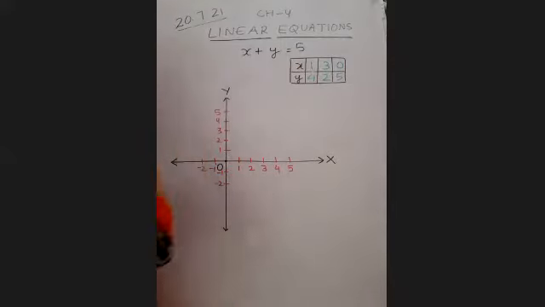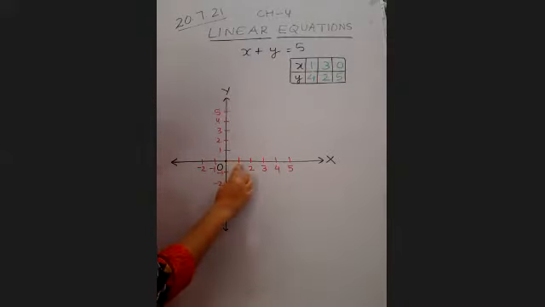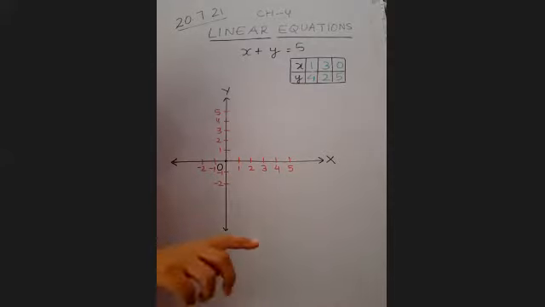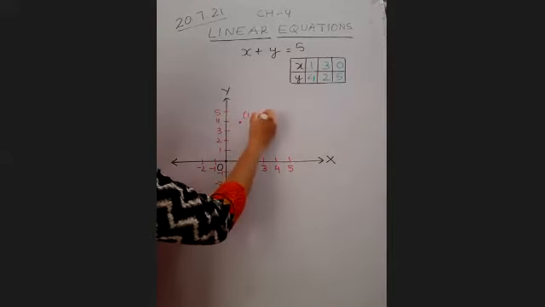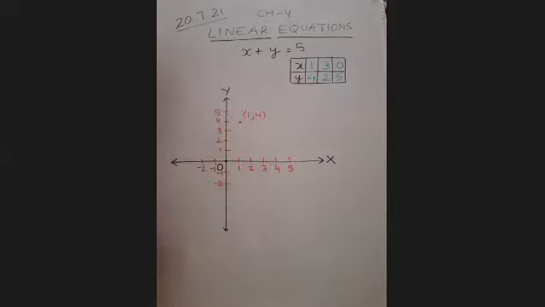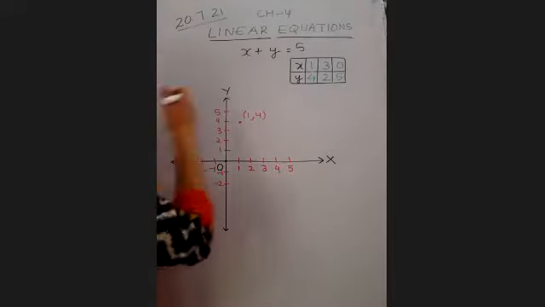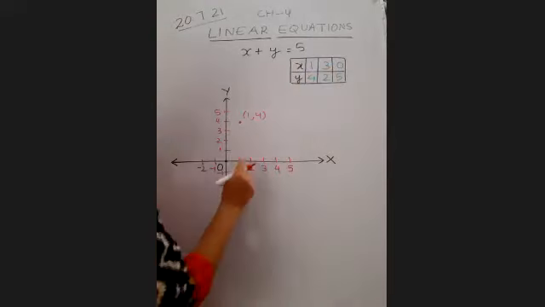On x-axis 1. On y-axis, which one? 4. Please do write the coordinates. Children, put a dot, write the coordinates. It's (1, 4). (3, 2).